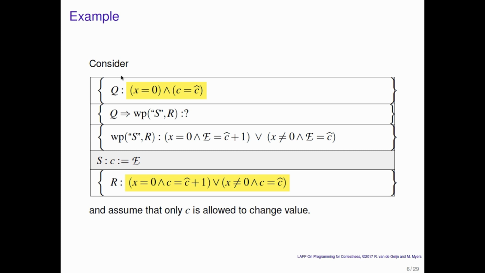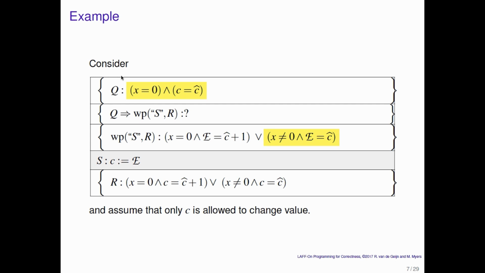And now what? Well, now you just stare at the first 3 lines of this code segment. You want to use what you know about Q and the fact that Q has to imply the weakest precondition to now determine what that expression must be. Well, if you look at the second part of this disjunction, you kind of know that that's just not going to work, because x is originally equal to 0, x is not allowed to change its value, and x can therefore not become non-zero.